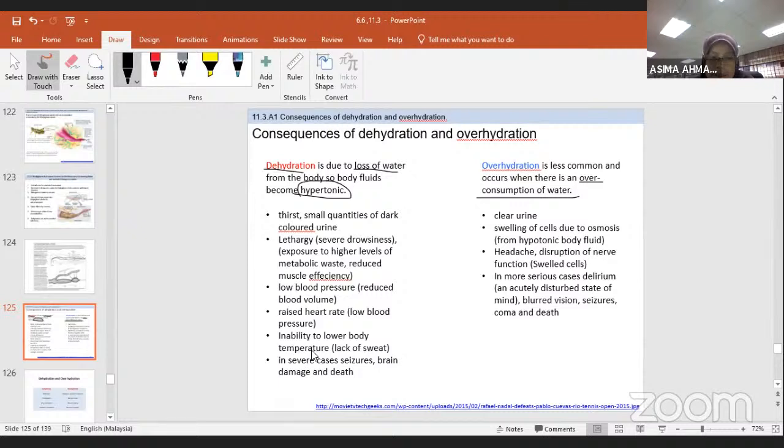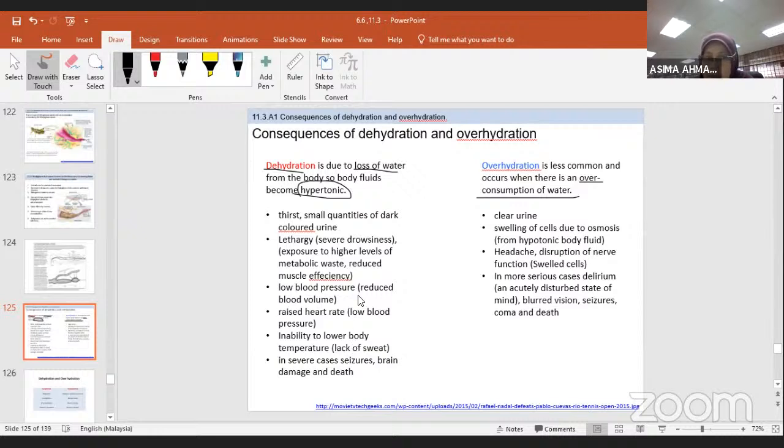And then next is inability to lower body temperature. Why? Because lack of sweat, because no water to be removed from your body. Tak boleh nak sweat. We know that sweating carries away heat from our body, therefore lowering the body temperature.